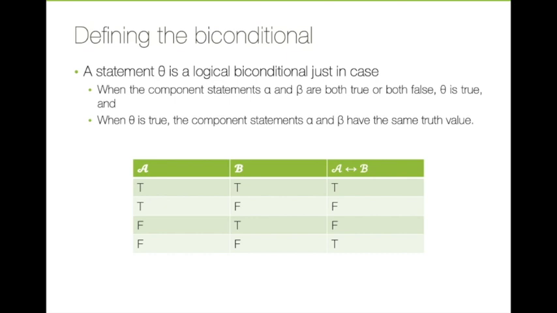So you'll see that in the first and last row, the whole biconditional is true. And that's because A and B, the component statements, have the same truth value. But the biconditional is false if A and B have differing truth values.